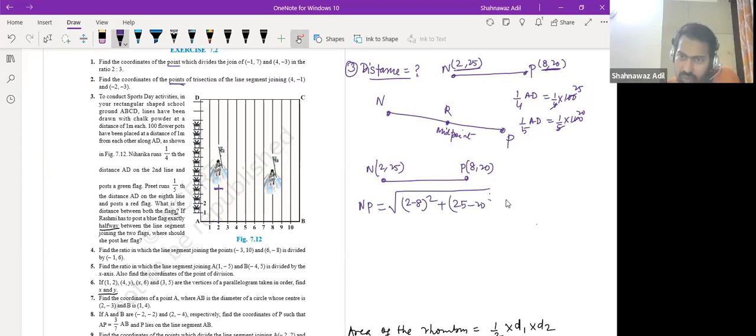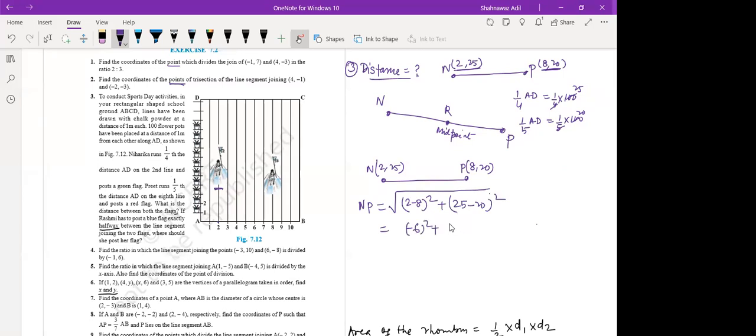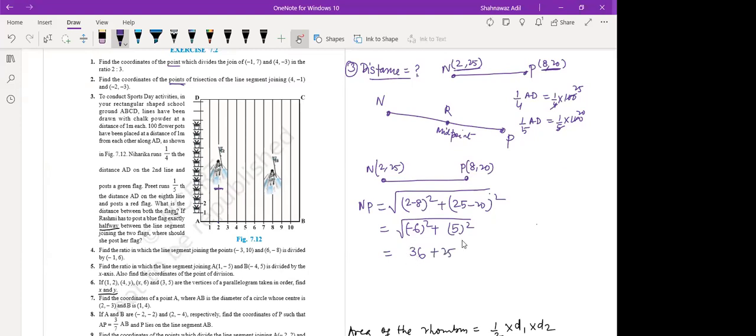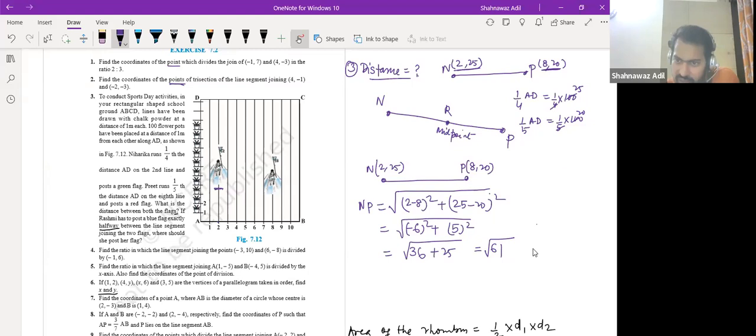Good. So we have -6 whole square, which is 6 square, plus 5 square. So this is 36 plus 25, which is 61. So this is root 61 meters, right? So this is the distance between Niharika and Preet.